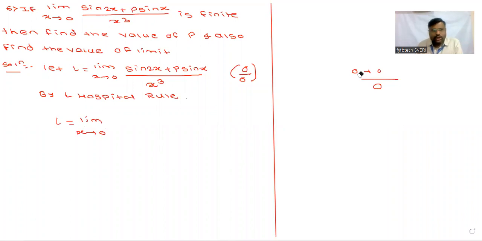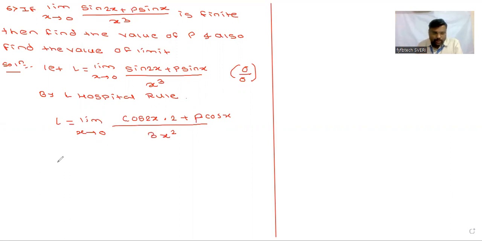Derivative of numerator and derivative of denominator. Sin 2x derivative is cos 2x into derivative of 2x is 2, plus p times sin x derivative, cos x, divided by 3x square.